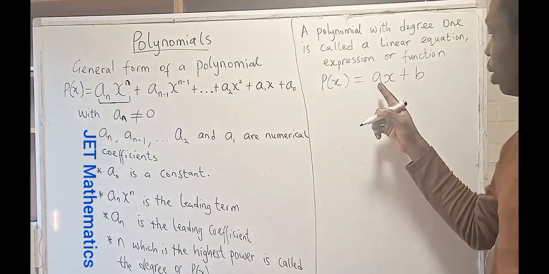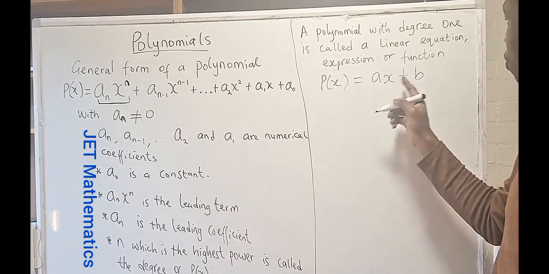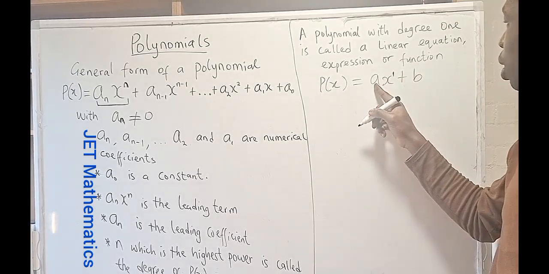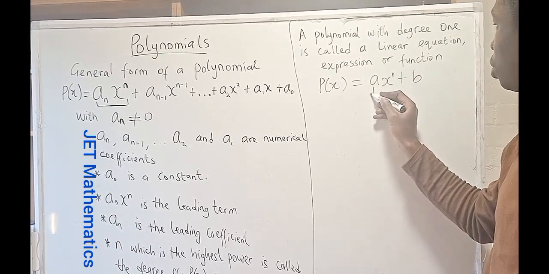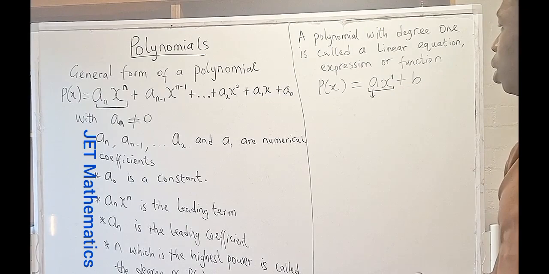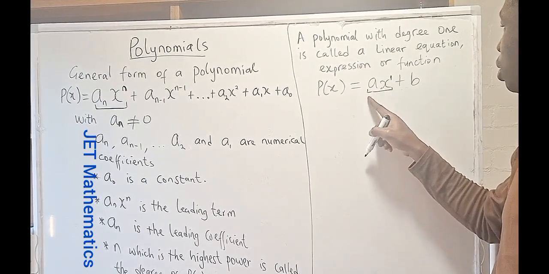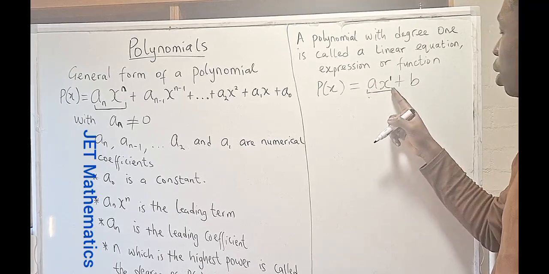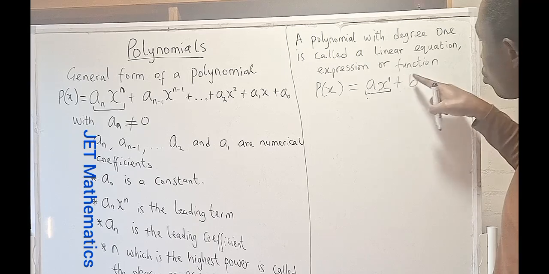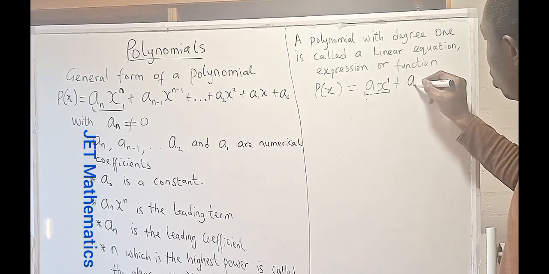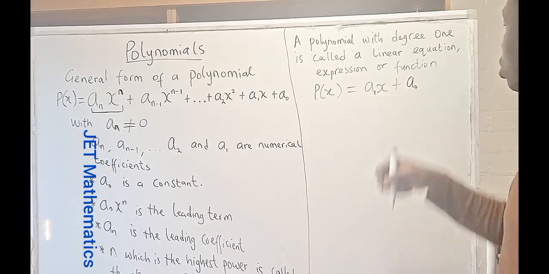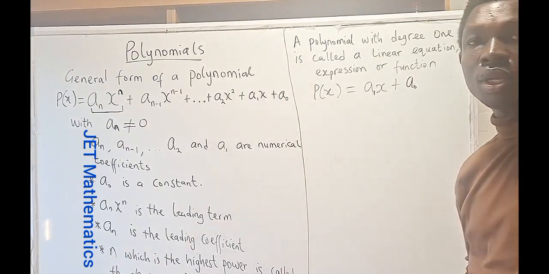So you discover that the highest power of x is 1 here. Okay, so the degree is 1. The leading term is ax, and the leading coefficient is a. Better put, following the general form, let's call this a_1 and the constant a_0.